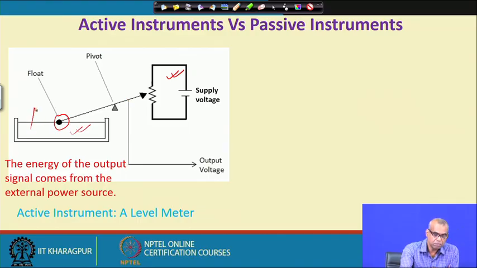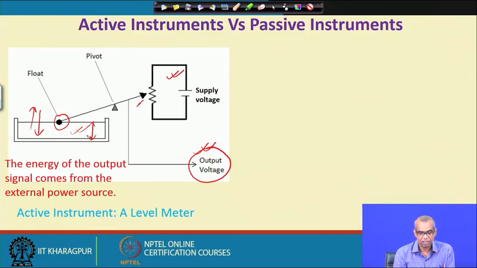As the level goes up or comes down, the float moves up or comes down and this arm touches at different points. So, depending on that, the output voltage of this potentiometer will be different. So, this output voltage can be taken as a measure of the level of the liquid in this tank. Note that the working of the instrument requires this voltage to be supplied. So, this is an example of active instrument.